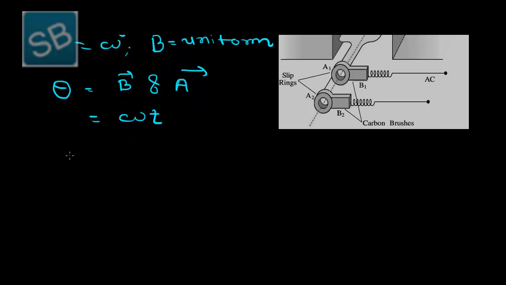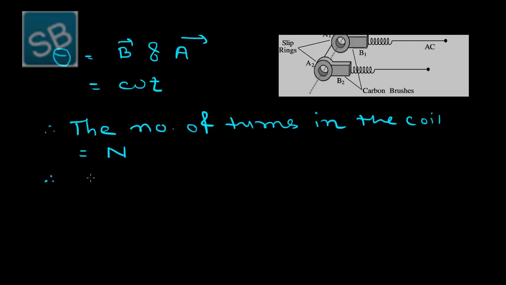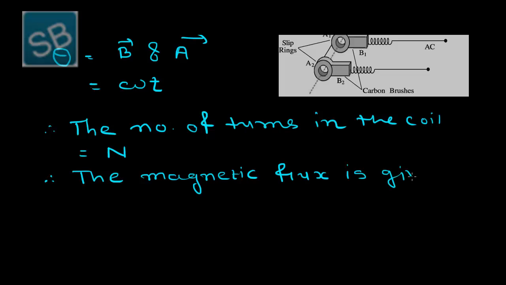now I can find the magnetic flux of the coil, and I am also assuming the number of turns in the coil is capital N, and so the magnetic flux is given by phi equals BAN cos theta.